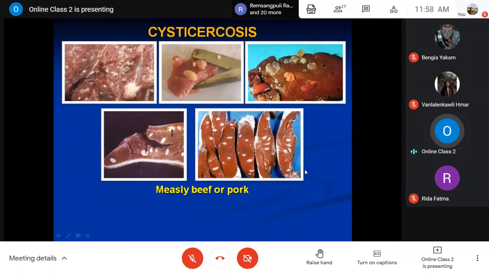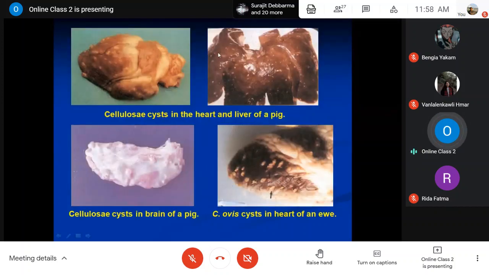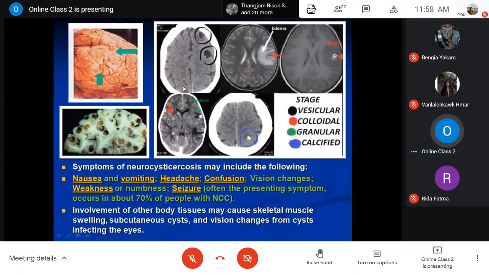Even it is highly fatal if it is affecting your brain or some vital organs like your heart and brain, right? So these are some more pictures of the cysticercosis, cyst formation in different organs and tissues, and the affected humans when you undergo CT scan and MRI. So this is the gross lesion where the cysts are there, and multiple cysts used to be located in the brain.